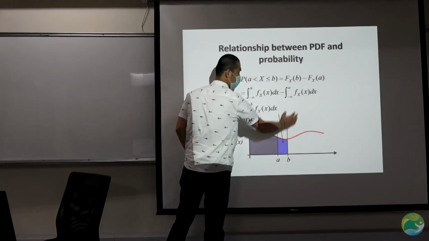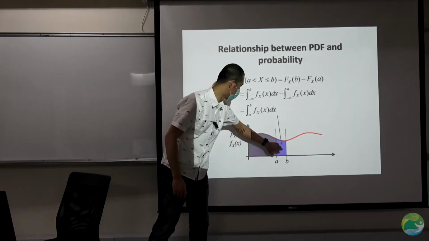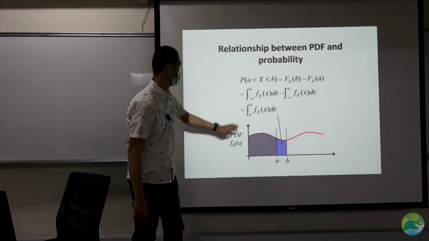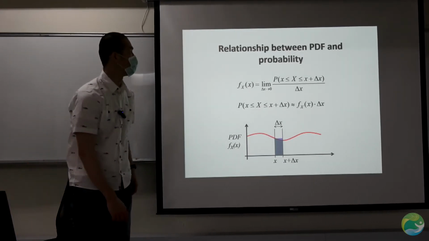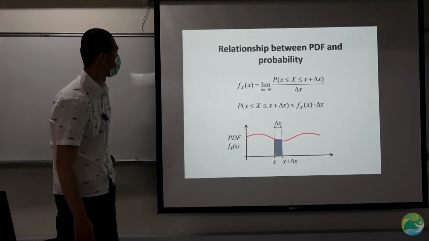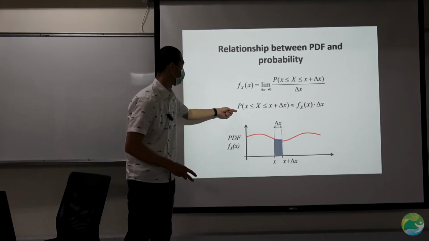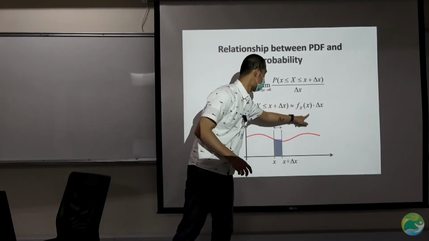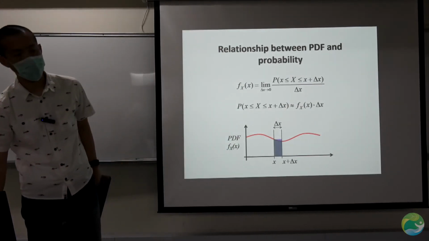These two integrations, you take the difference, then you can have the probability in this area. So this is the relationship between the PDF and the probability. This is the definition of PDF. This is the definition of probability, okay? So probability, you can have the PDF multiply delta x, approximately.